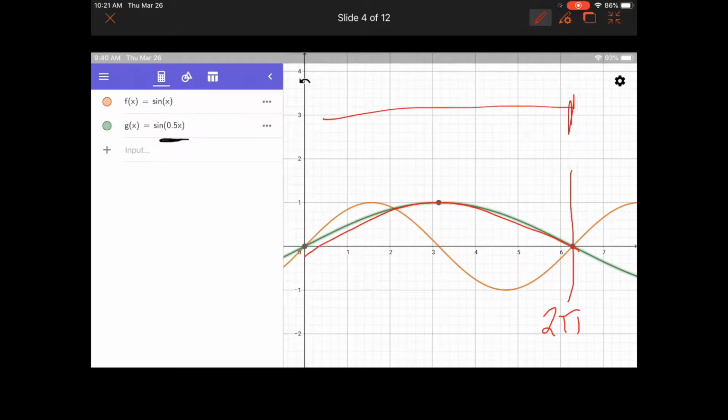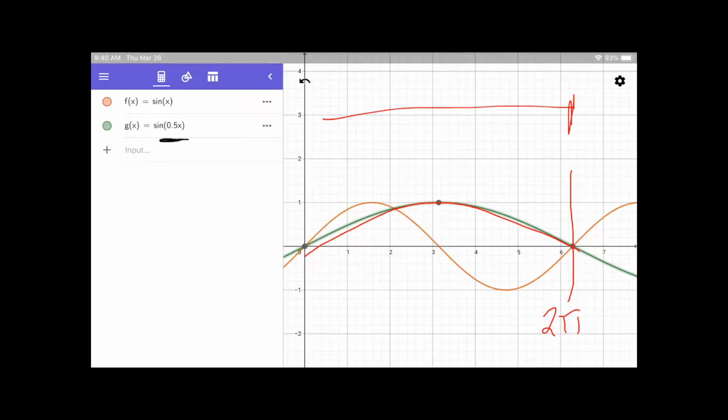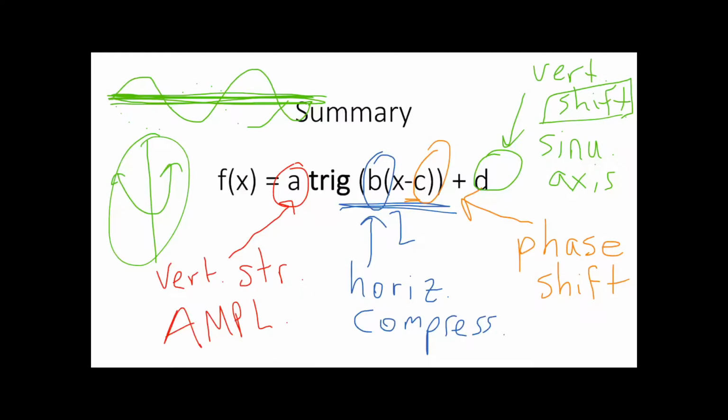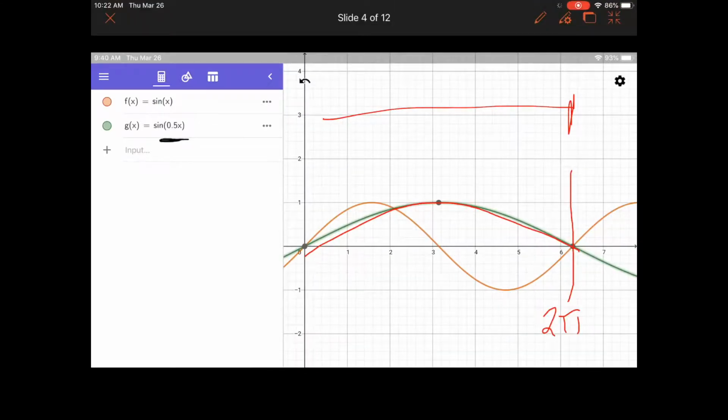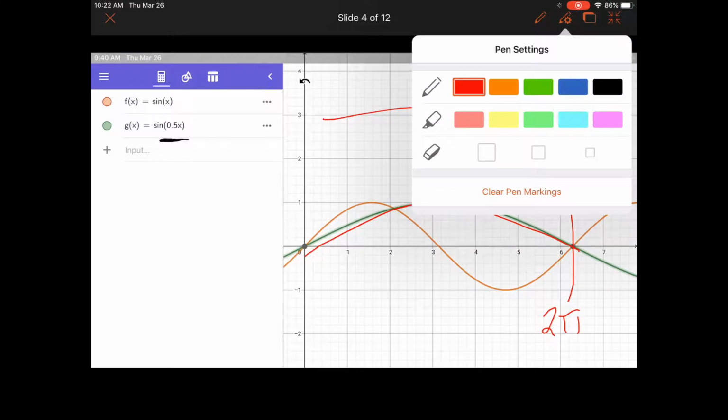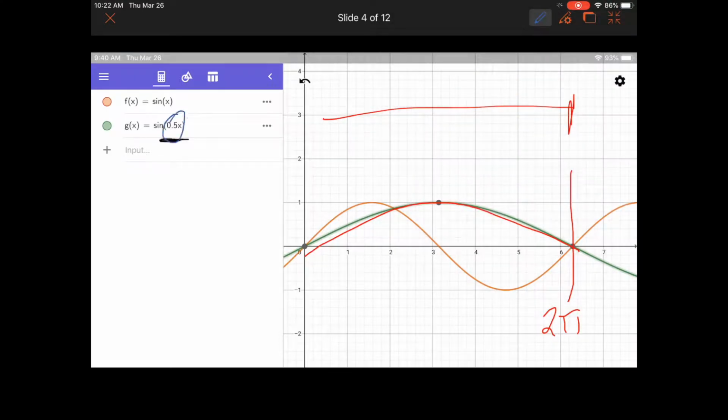We also say that this value, I called it earlier the b value, based on this horizontal compression, whatever this b value is here, in this case, my b is 0.5, we say that the period is actually going to be 2 pi, which is like 360 degrees, divided by this b value.